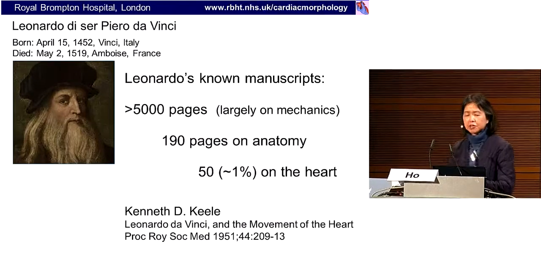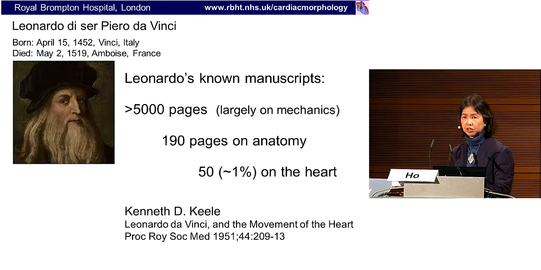Of Leonardo's known manuscripts, more than 5,000 pages, largely they were based on mechanics, because Leonardo was one of the few artists in the Renaissance period who was interested not only in the form of the human body, but also, and especially, in the function of different parts of the human body.